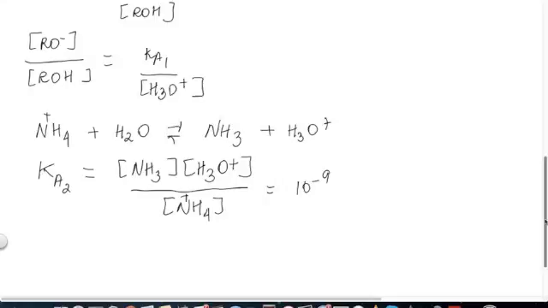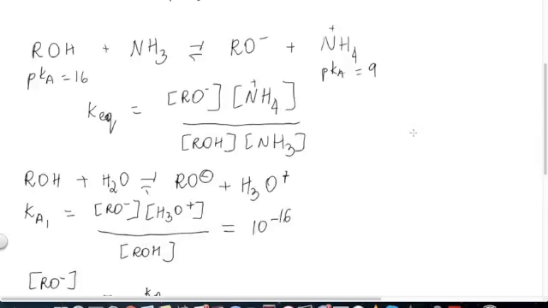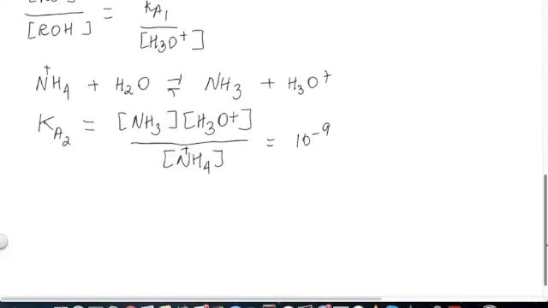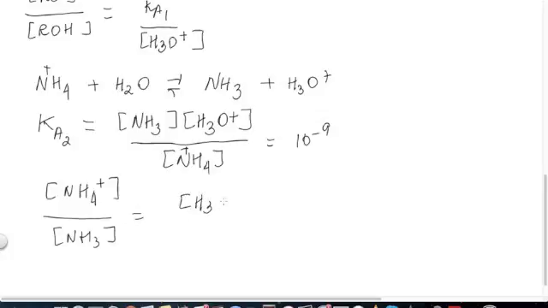Now, if we go back to our original equilibrium constant, we are interested in the ratio of ammonium cation to ammonia, and we can extract it from our Ka2. In fact, NH4 plus divided by concentration of NH3 is equal to hydronium concentration over Ka2.